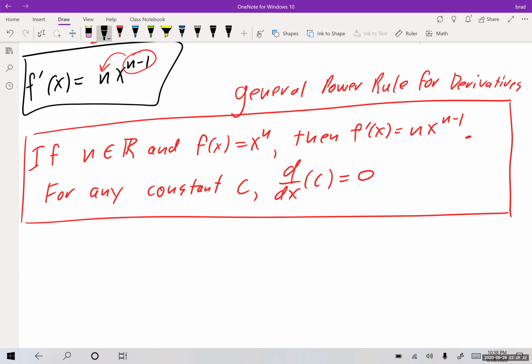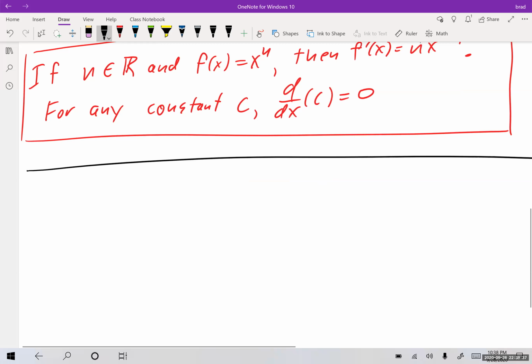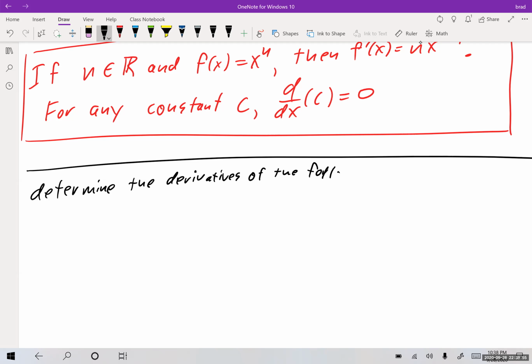And the reason this will now come in handy is because if I ask you to use the formula, I could say determine the derivatives of the following. And then, you know, I can have for number, oops, let me erase this. I don't really like how I following. Okay, so let's say we have number 1.